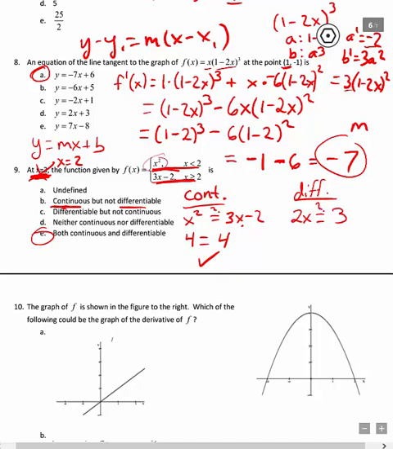Because we took the derivative of both of those. 2 times 2 is 4, which is not equal to 3, so it's not differentiable. So that answer would have been continuous but not differentiable. So technically I can give people a point back on 9 since I just wrote it incorrectly. That shouldn't have said x equals 3, it should have said x equals 2.